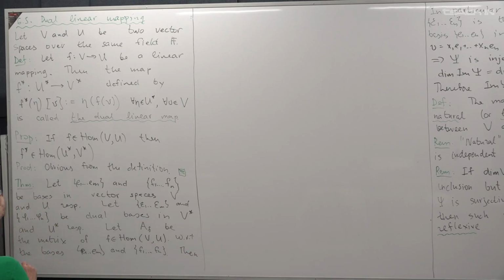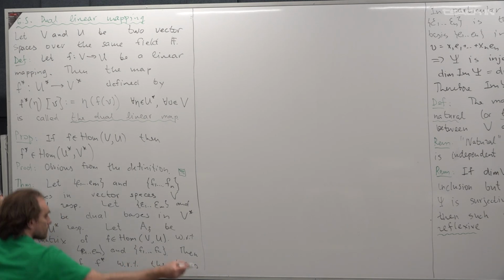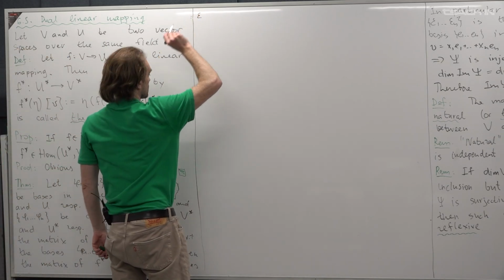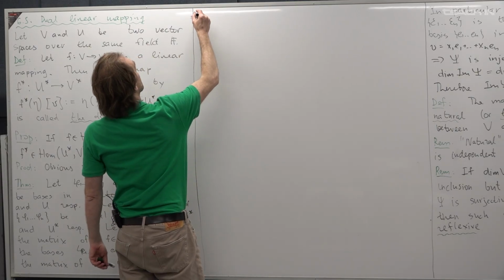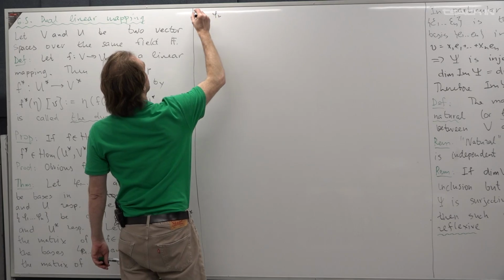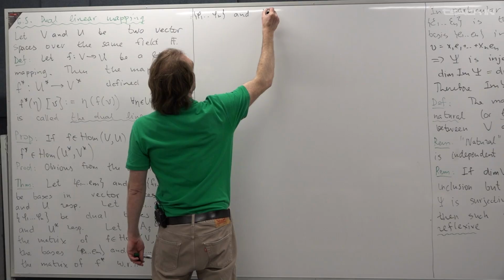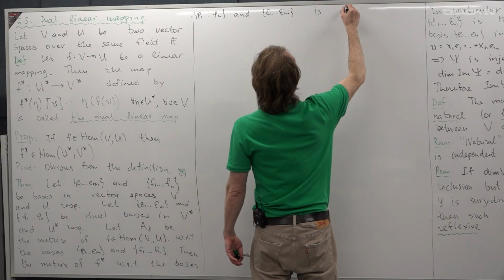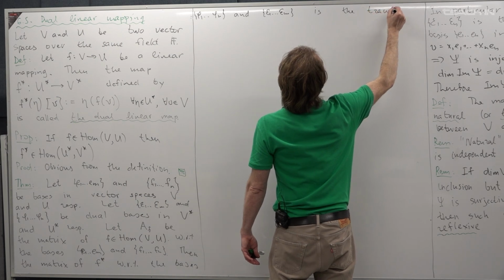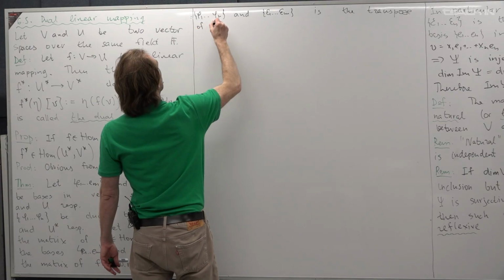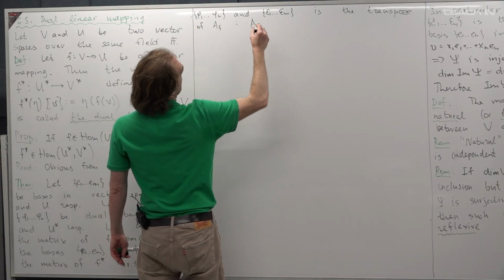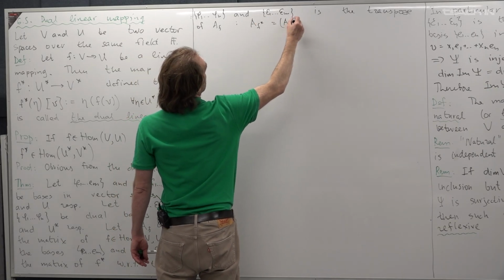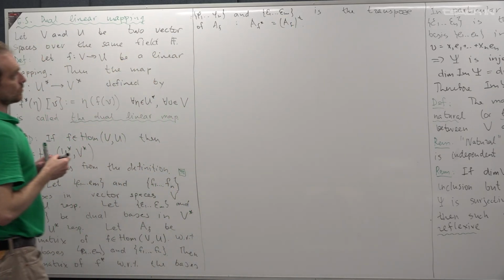Then the matrix of f star with respect to the bases phi 1, etc., phi n, and epsilon 1, etc., epsilon m is the transpose of A_f. So A_f star is A_f transpose. This is what we need to prove.